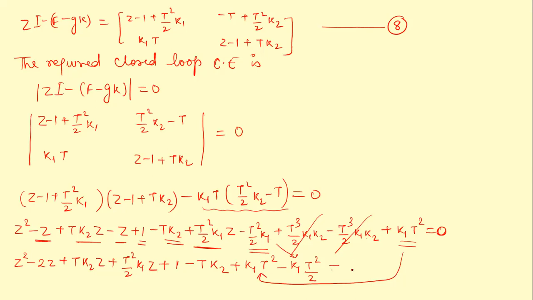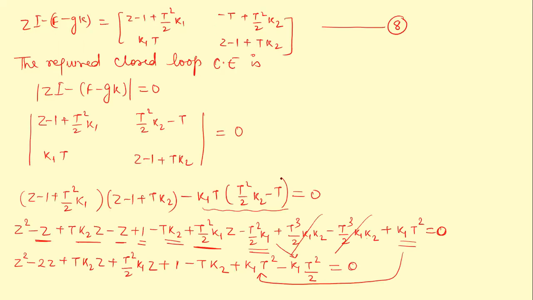Is equal to 0, right? So now we can further simplify this equation. When we further simplify this equation, we will get z square plus k2z plus t square by 2k1 minus 2z plus t square by 2k1.